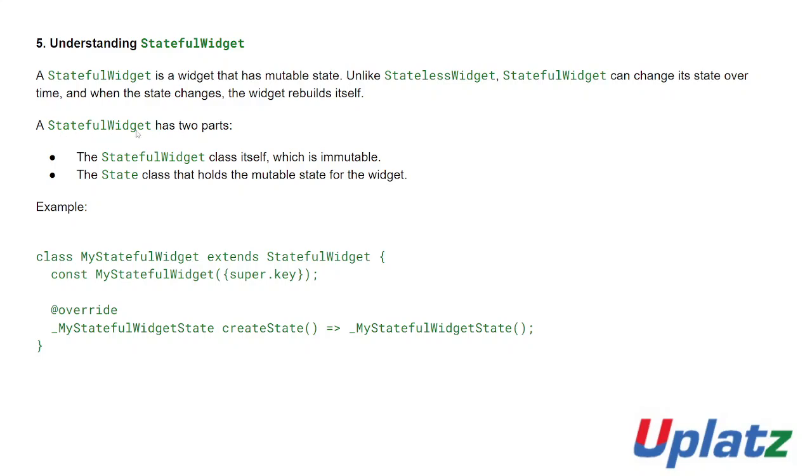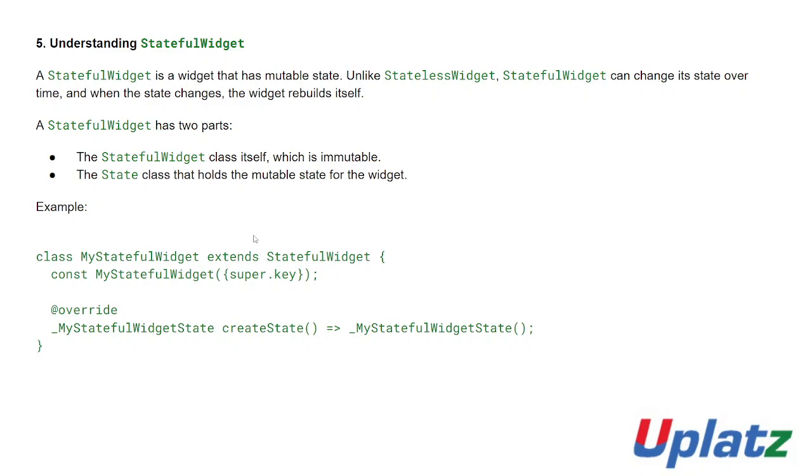A stateful widget has 2 parts. The StatefulWidget class itself, which is immutable, and the State class that holds the mutable state for the widget. Example: class myStatefulWidget extends StatefulWidget.